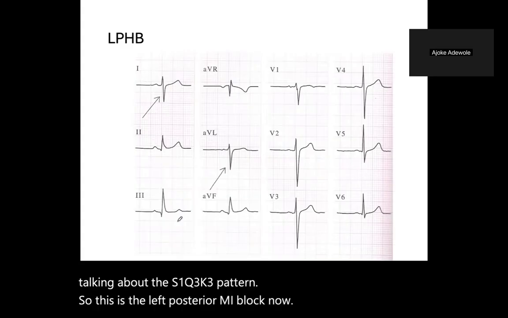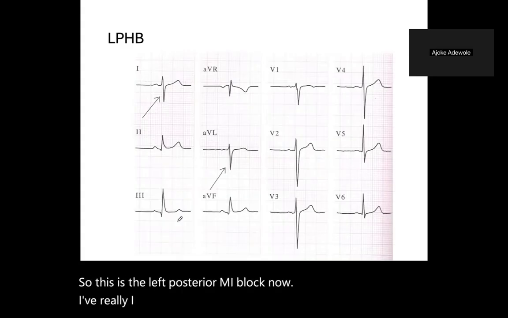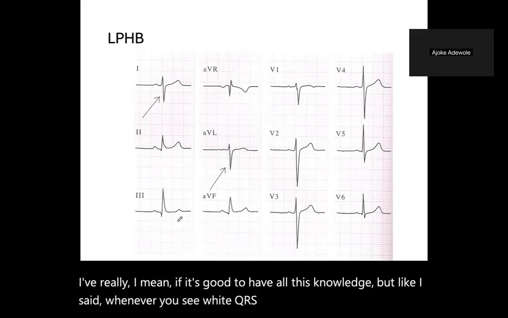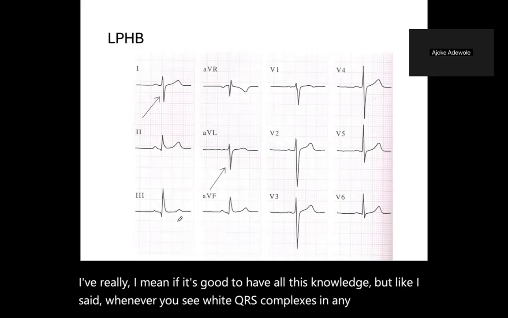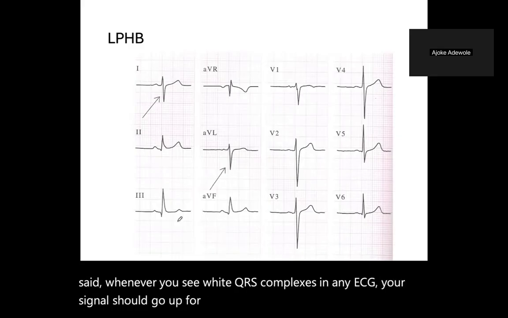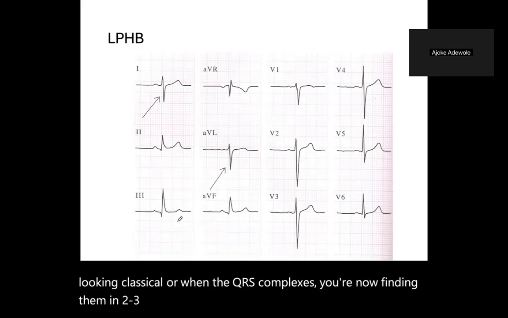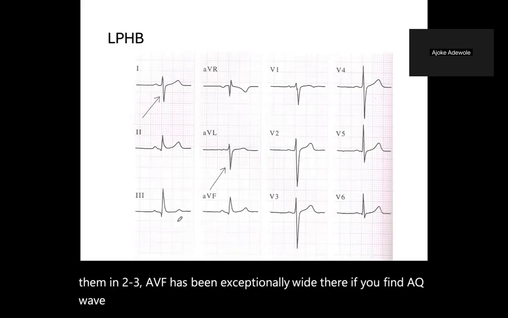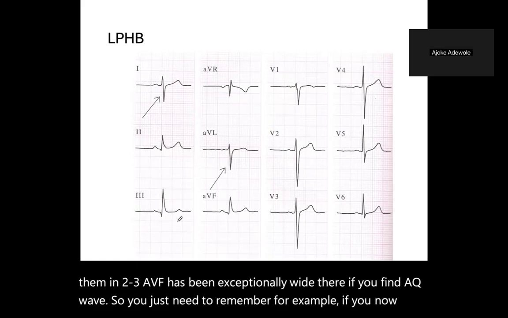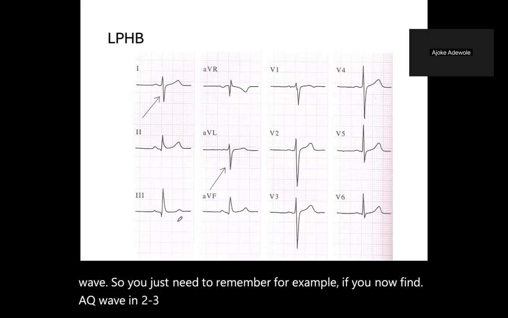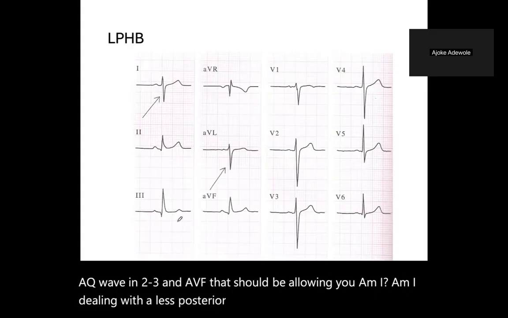Now, it's good to have all this knowledge, but like I said, whenever you see wide QRS complexes in any ECG, your suspicion should go up for blocks. And when the blocks are not looking classical, or when the QRS complexes you're finding in 2, 3, aVF are exceptionally wide, if you find a Q wave in 2, 3, and aVF, that should be alerting you: am I dealing with a left posterior fascicular block, right?